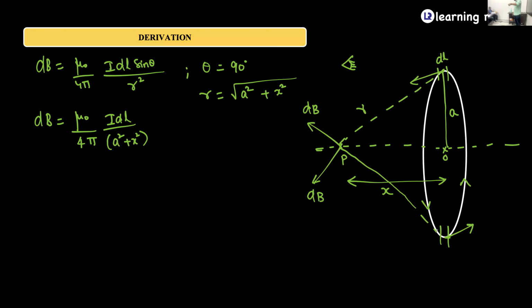When you look at it, it will be perpendicular. Are you able to visualize that part? So that's what happens here. This is dl. I didn't take a perfectly circular shape. That is why I told you in the beginning itself. When you look at it straight, when you look from this side, it looks like a circle. When you look completely from the other side, it looks like a straight line. Whereas when you look at a particular angle, it looks like an ellipse. That's what I have taken. Okay. But still it is a circular current carrying loop.